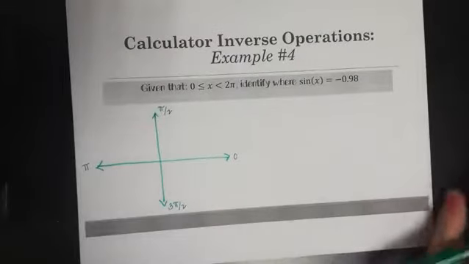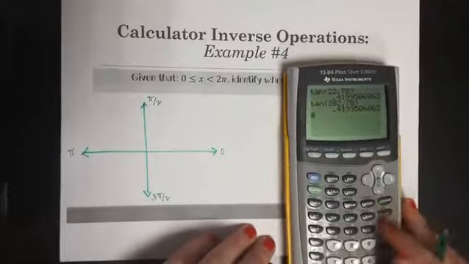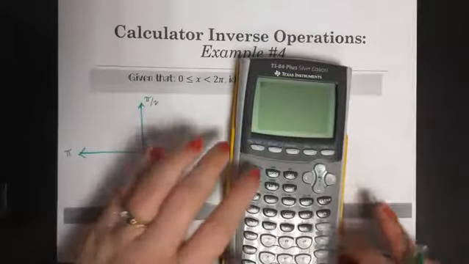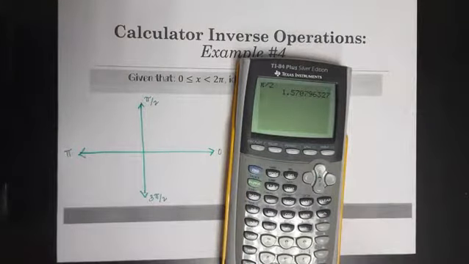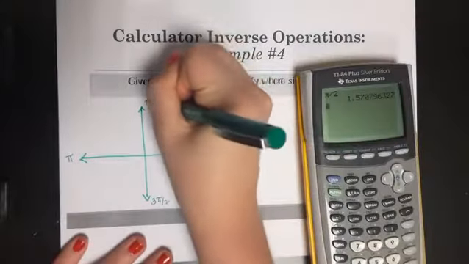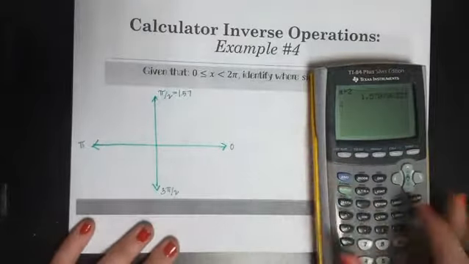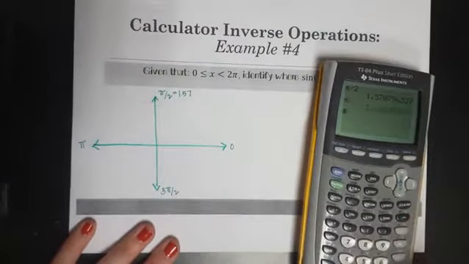Now, when it comes to calculator work, we're always going to be having decimal approximations. Pi over 2 is not a decimal approximation, so we need to make it one. If pi over 2 is our angle, we're going to use the approximation 1.57. So that's going to be this value here. Pi, we know, is 3.14.